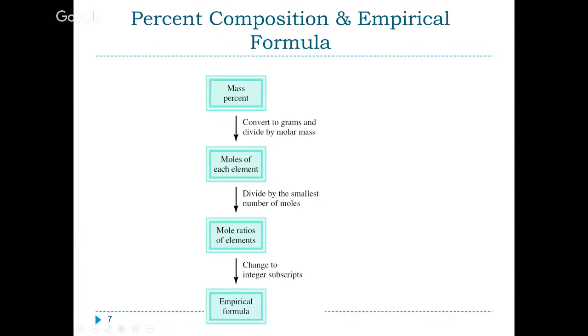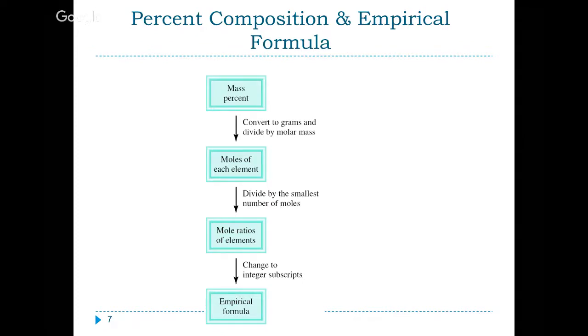Now, when you do this math, if you get a number that's 1.999, we can round that to 2. Or if it was 3.001, we can round that to 3. However, if you get a number like 1.25, we cannot simply just round that to 1. Instead, we would have to multiply everything through by 4. If we got a value like 2.667, well, then we would multiply everything through by 6 to get back to a whole number value.